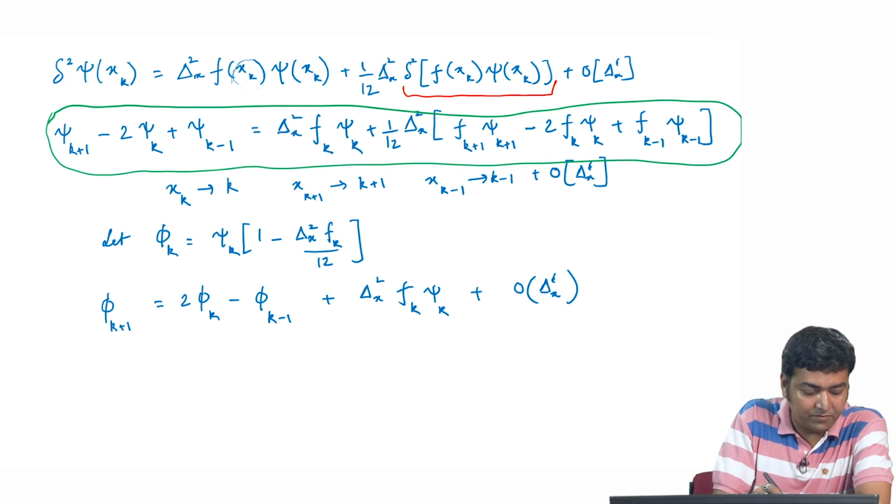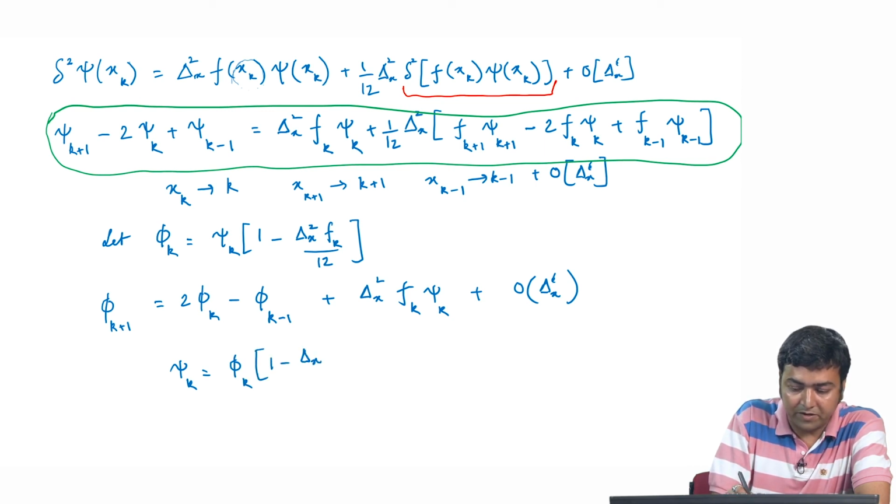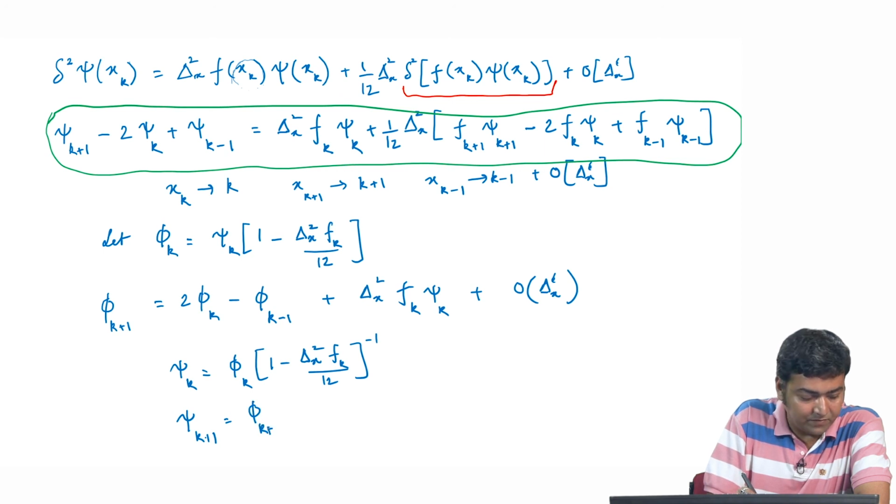From this we can get psi_k equals phi_k into 1 minus del x square f_k by 12 to the power minus 1, and similarly psi k plus 1, which I have replaced by phi k plus 1 into 1 minus del x square f k plus 1 by 12 to the power minus 1.